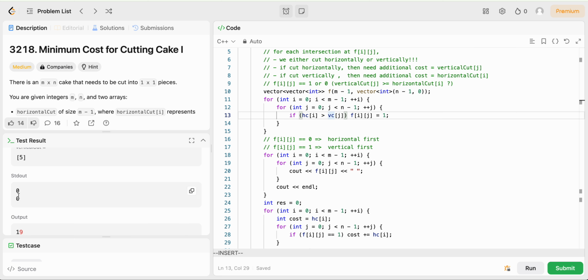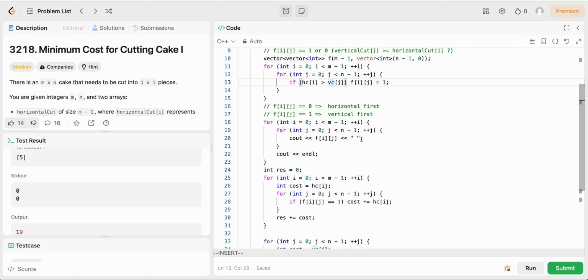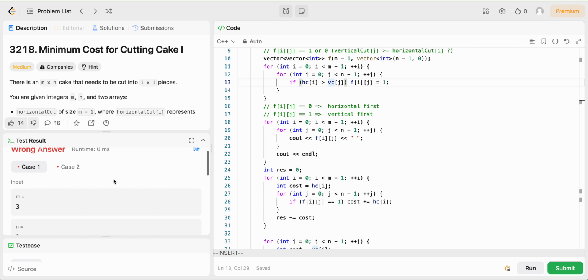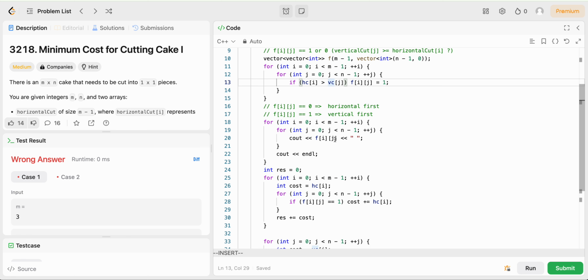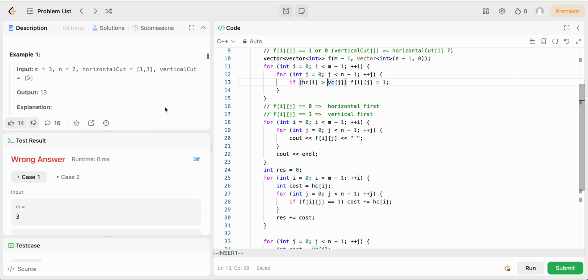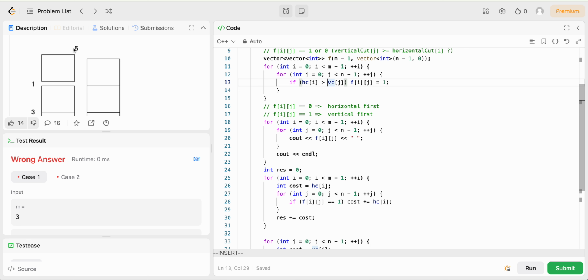So these two are 0 because we first do the vertical line, right? We first do the vertical line. We didn't do the horizontal lines.